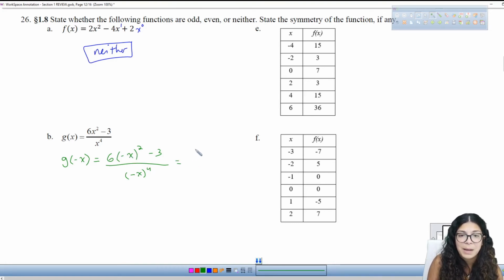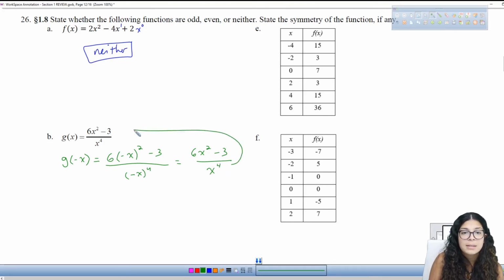Negative times a negative is a positive. So this is 6x squared minus 3. And then in the denominator, negative x to the power of 4, that's 4 copies of a negative, which will be a positive as well. So now let's compare, is this equal to the original g of x? Yes, it is. So that means that this is even.